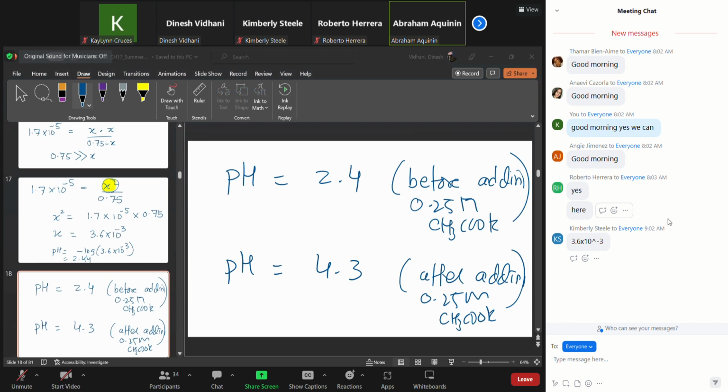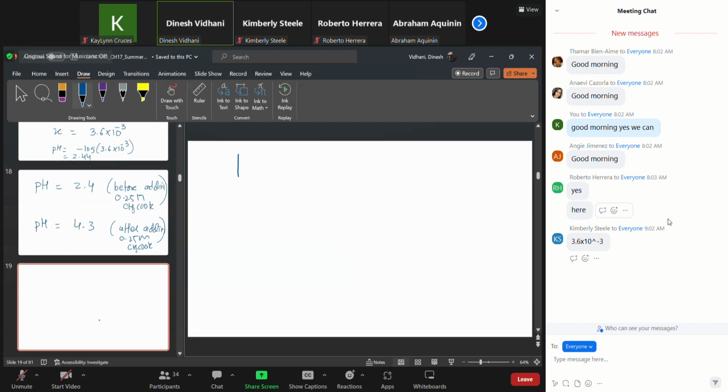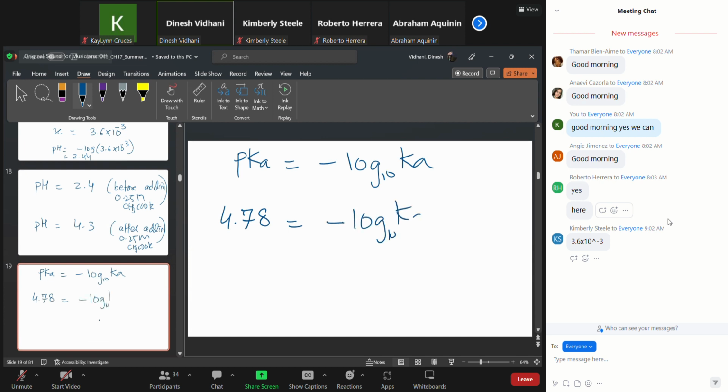Yeah, Professor. Getting from pKa to Ka, can you just go? Okay, pKa is negative log to the base 10 of Ka. If your pKa is 4.78, that's negative log to the base 10 of Ka.